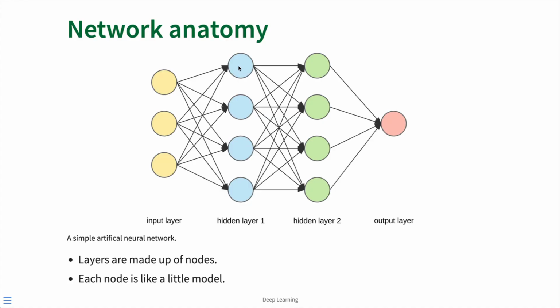And then each of these nodes creates an output, a prediction, and that prediction gets supplied on to each of the nodes in the next layer, and so forth, until we get to the final layer called the output layer, which just takes in each of the predictions of the preceding hidden layer. Now you can think of these nodes in these layers as essentially being simpler models, like a logistic regression or almost a linear regression.